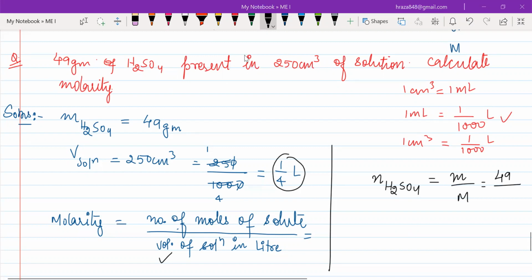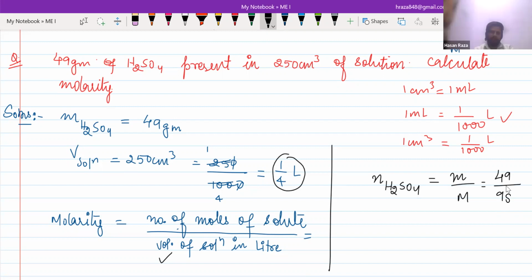Sir, molar mass of H2SO4, yeah, it's 98. 98. So you got the value of number of moles of H2SO4. That is equal to half moles, right?